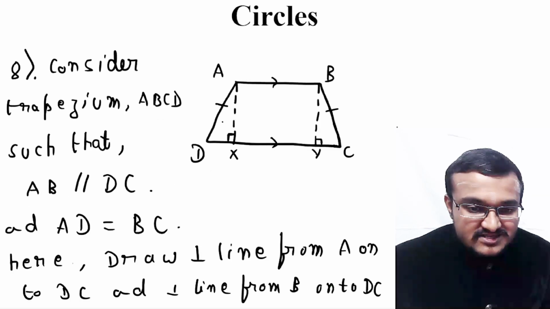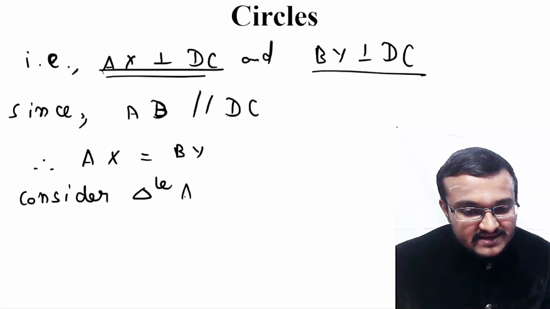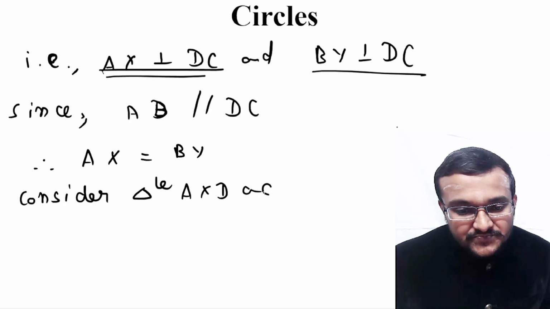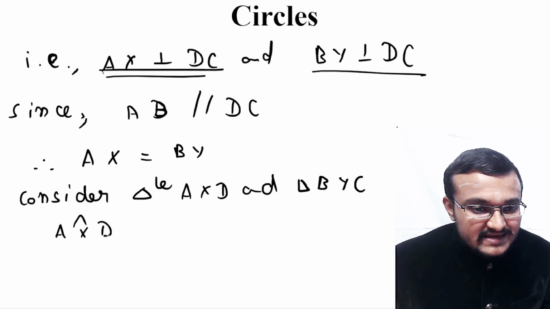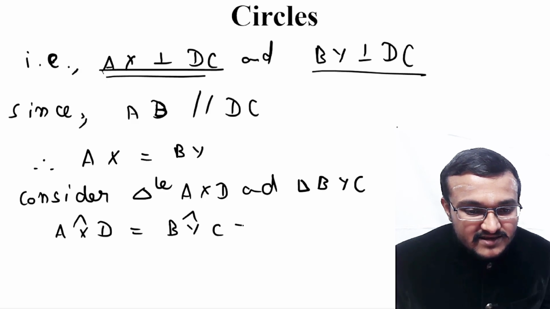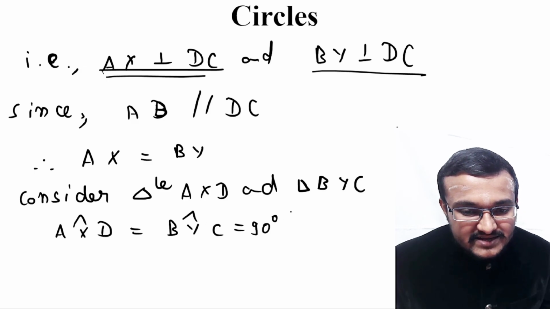Now we will consider triangle AXD and triangle BYC. Since we have taken perpendicular lines, angle AXD is equal to angle BYC, which is equal to 90 degrees.